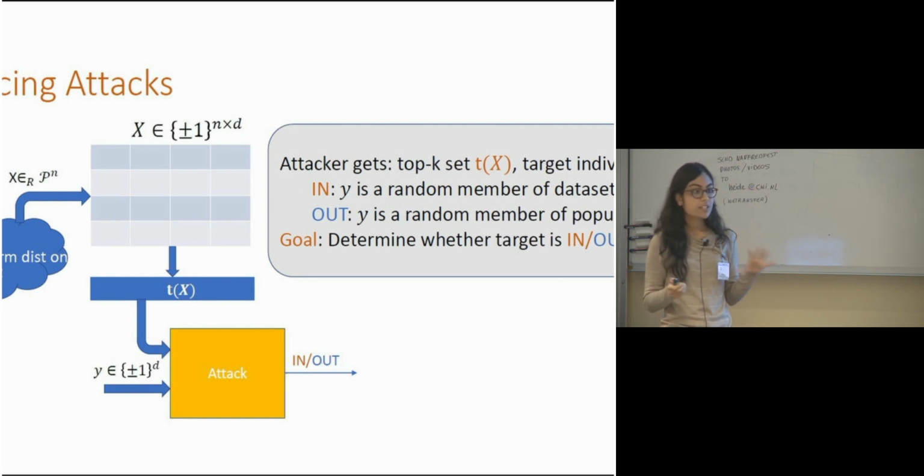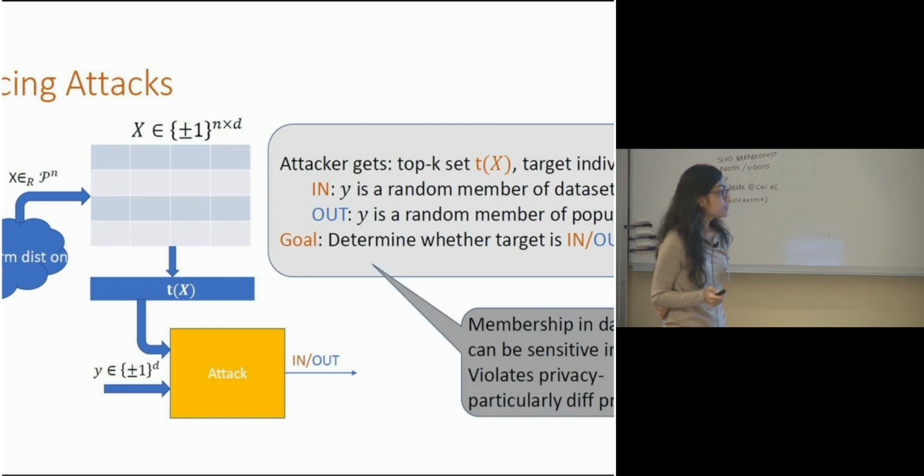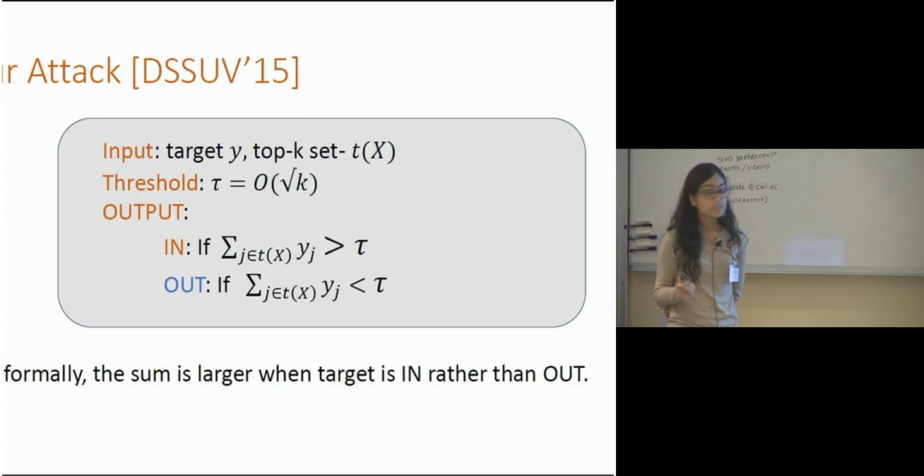When Y is randomly chosen from the population, it should output out, and when it's a random member of the data set, it should output in. This violates privacy, and you can show that it violates differential privacy. So if you show a tracing attack for this top-k selection problem, you get a differential privacy lower bound.